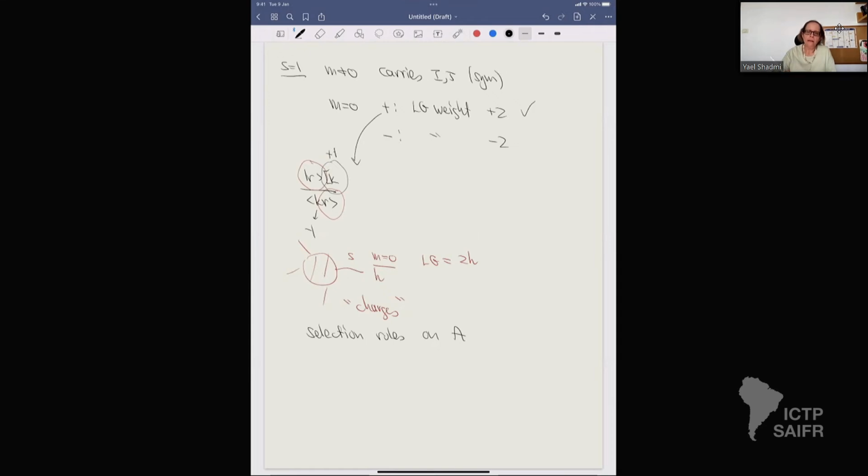Okay, so let me see. Remember, now we're talking about a photon or a gluon that has momentum k. That's the only physical thing. And this R is completely arbitrary. R is something that's completely not physical, so the end result should not depend on this R. It's really like a choice of gauge.